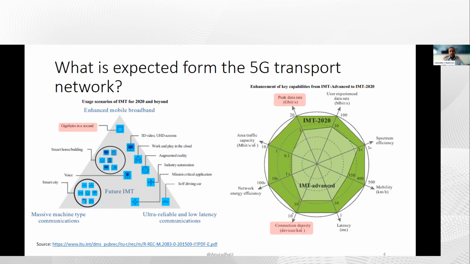So that is the aggregated traffic and data rate. Then the other famous capability that 5G is expected to deliver is low latency. It actually comes with ultra reliability, but the key requirement from the network point of view is low latency, and we're talking about millisecond and sub-millisecond latencies. So these are the key inputs that one would consider when they try to define and design their transport network for 5G.